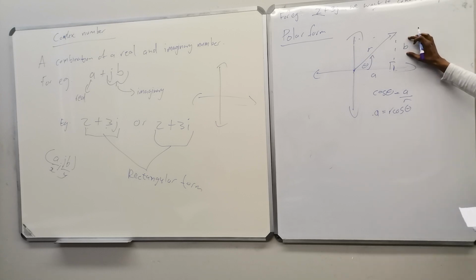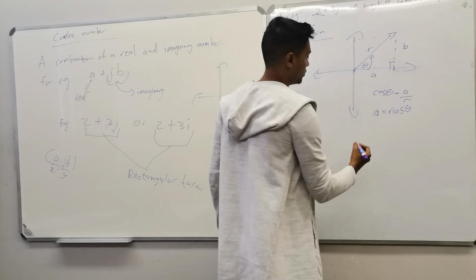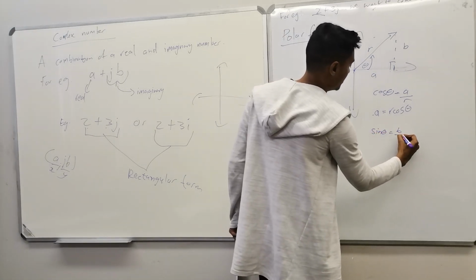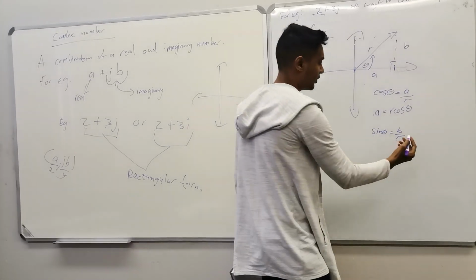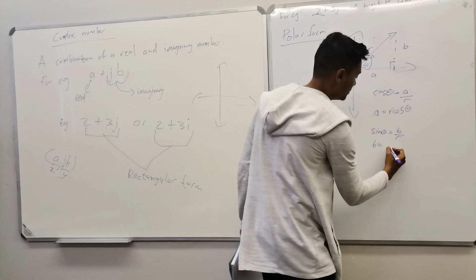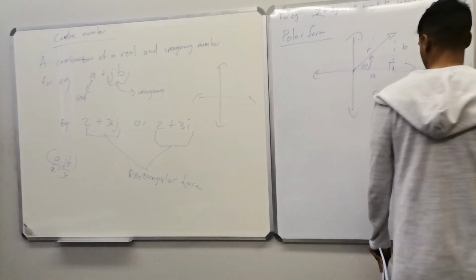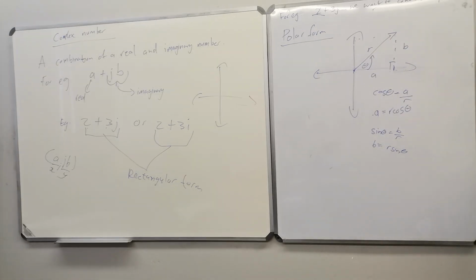If I were to convert B into a trigonometric ratio, I'll say sine theta is equal to B over R, opposite over hypotenuse. And if I cross multiply, B is equal to R sine theta. But isn't B on the imaginary side? So there should be a J there.